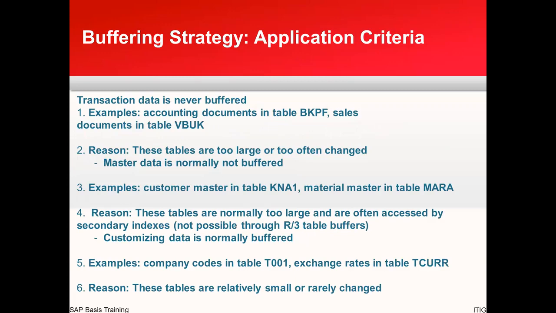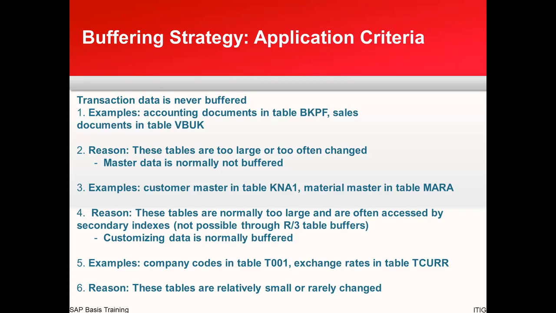Then for the application, so here we saw the technical criteria, now application criteria. Main thing is transaction data is never buffered. For example, accounting documents in table BKPF, sales document in VBUK. The reason is these tables are too large or too often changed. Master data is normally not buffered.